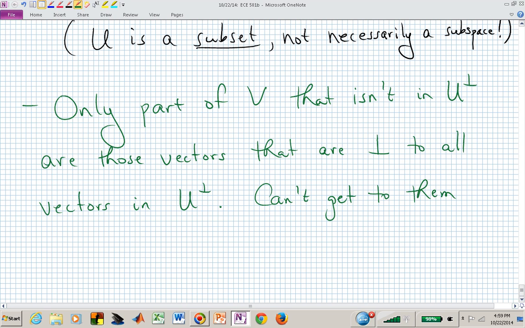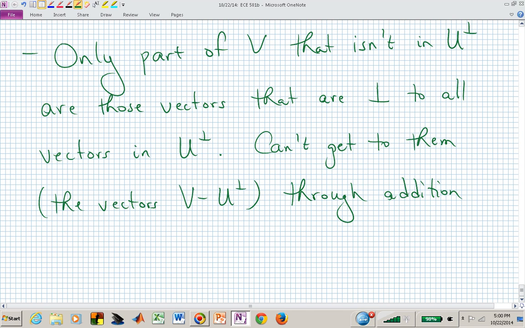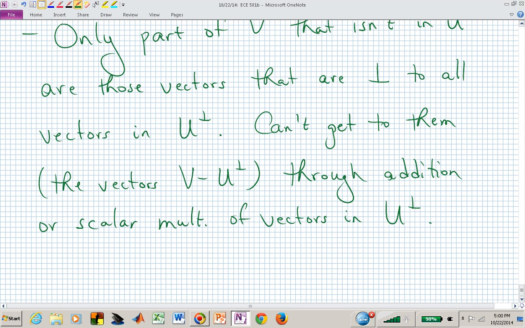So we can't get to them, meaning the vectors that are outside of U perp, the vectors in V minus U perp, through addition or scalar multiplication of the vectors in U perp. So if that's the case, we can't get there.